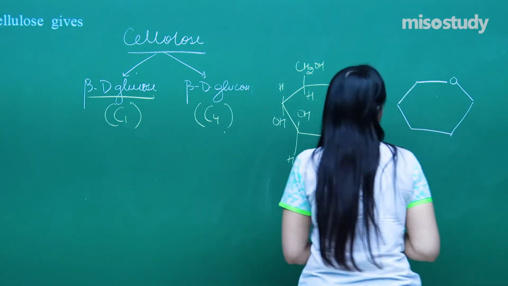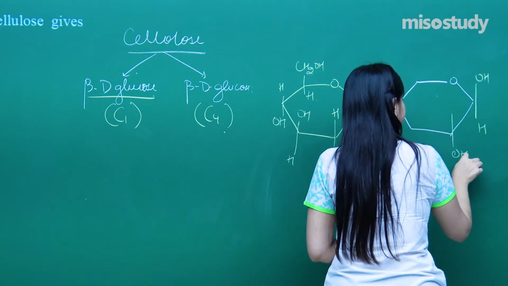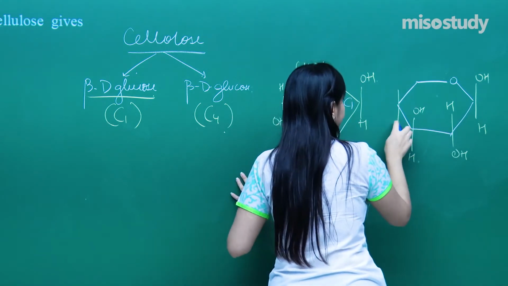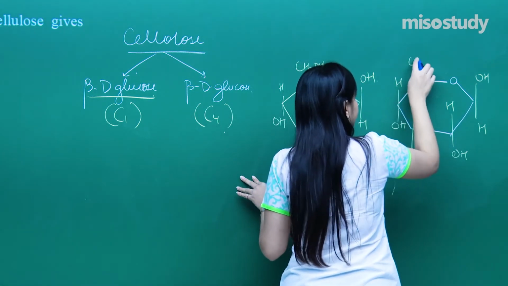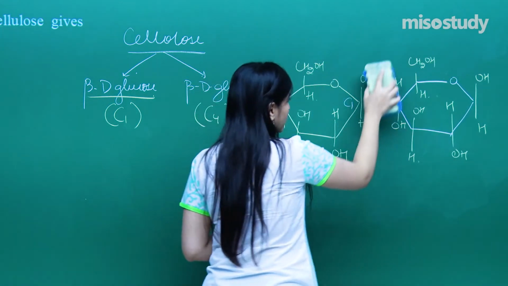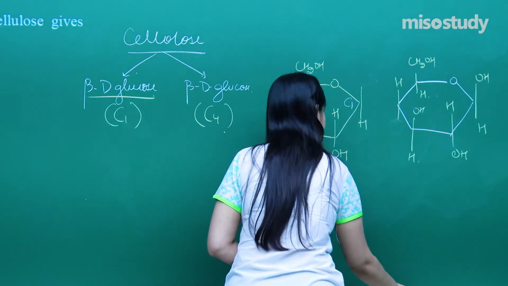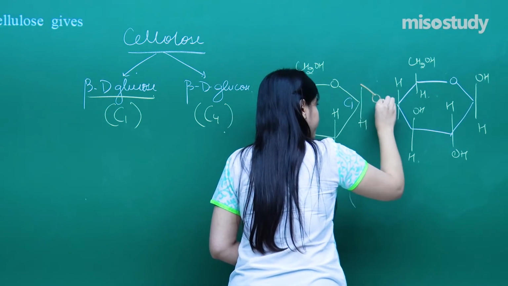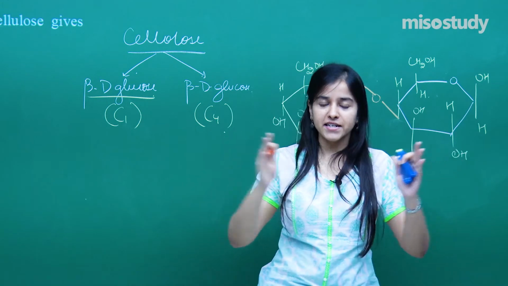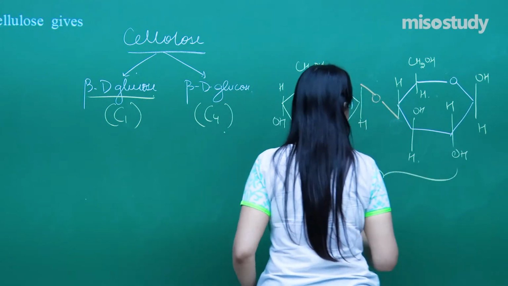Again a beta D glucose molecule. And over here there would be the connection. That is how we are going to make the cellulose. So it would be like this. So that is the connection, and these kind of molecules will be connected and the chains would be formed. So this is nothing but the basic molecule of cellulose.